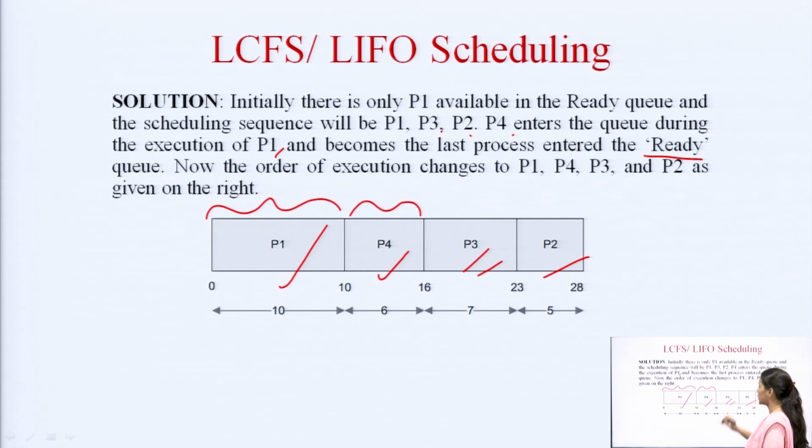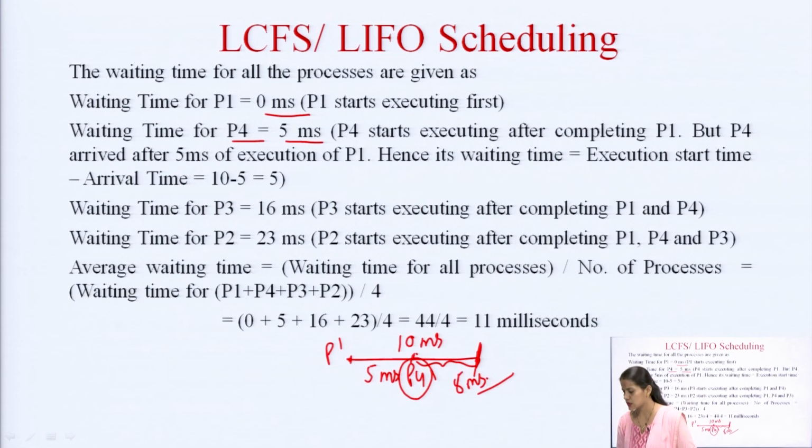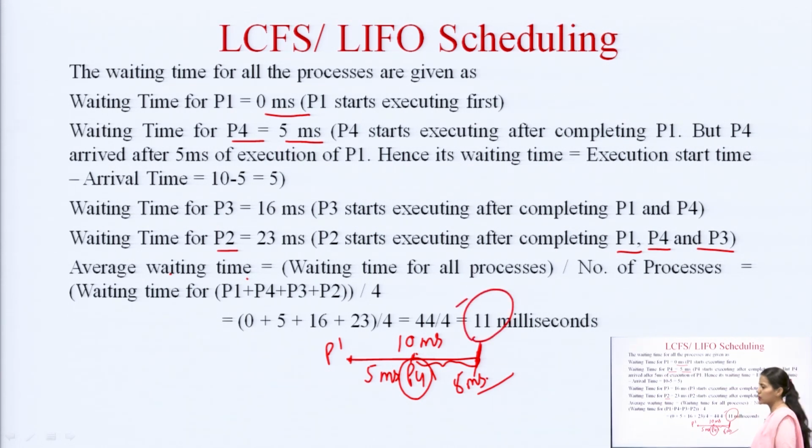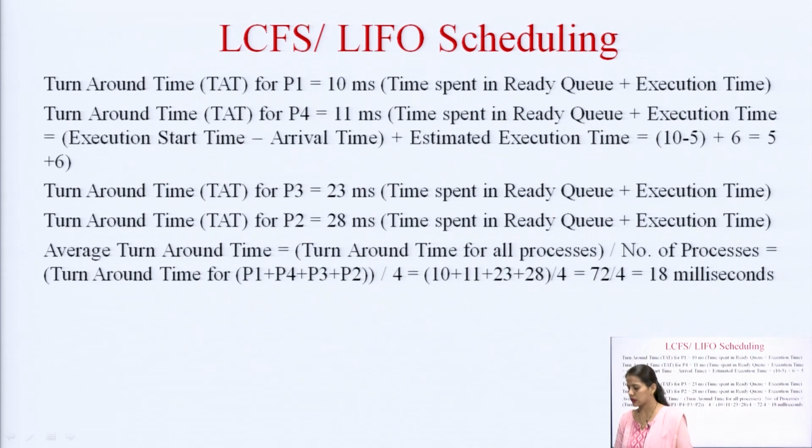The waiting time for P2 is 23 milliseconds, because P1, P4 and P3 have to execute, and only then will P2 get to execute. Average waiting time is the addition of the waiting times of all the processes divided by 4, because there are 4 processes. In this way we get 11 milliseconds average waiting time.